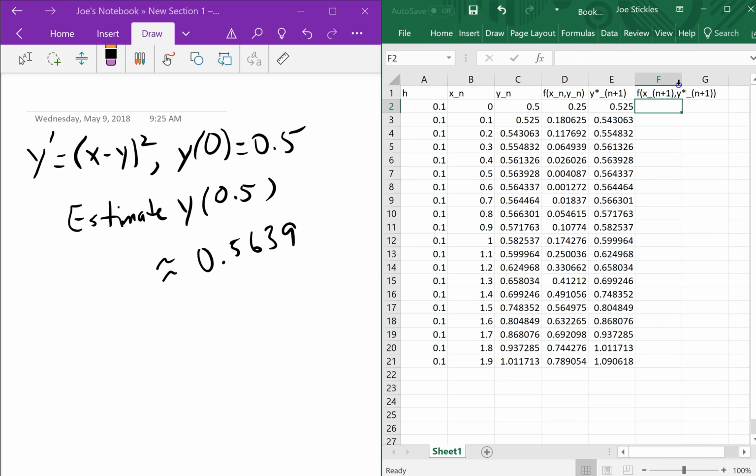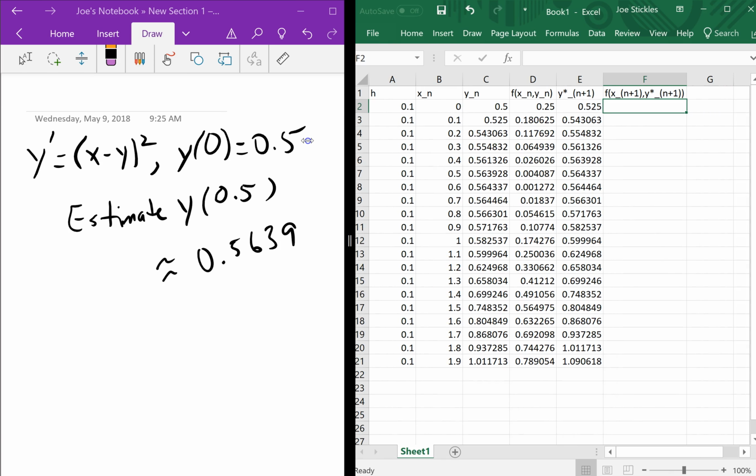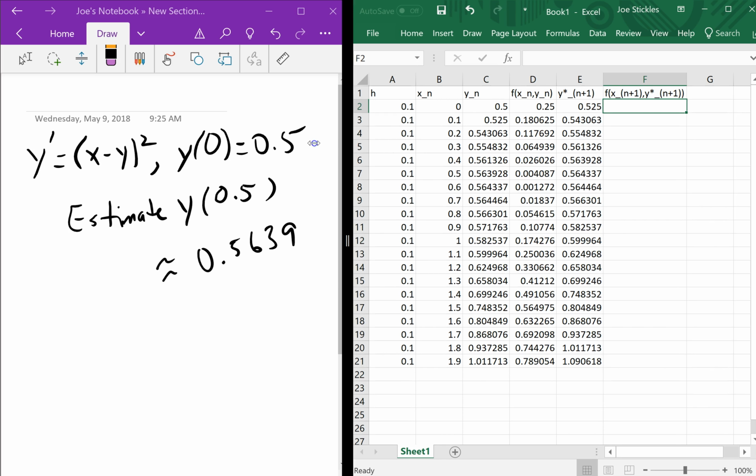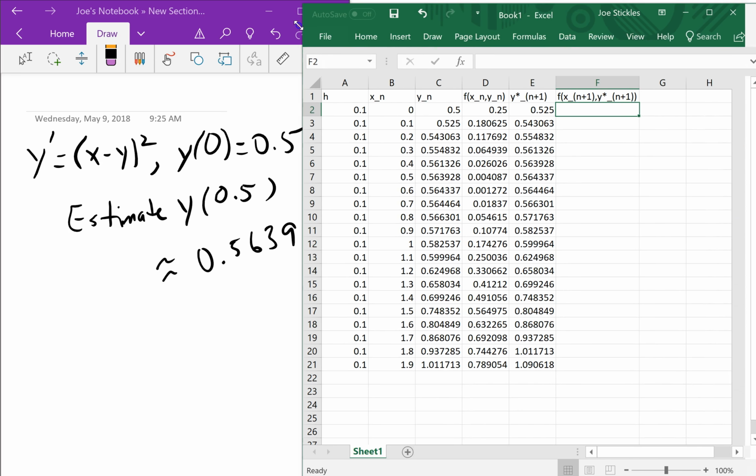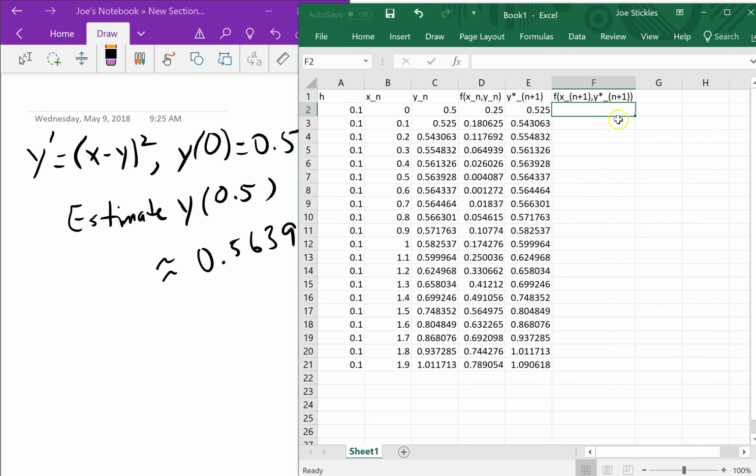as our next slope. I'm going to spread this out just a little bit so I don't run out of room. There we go, a little bit bigger. All right, so for this one, I want the next x.